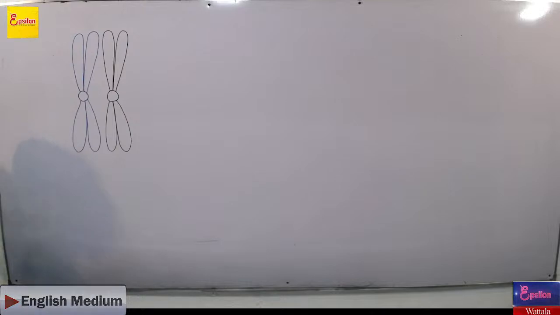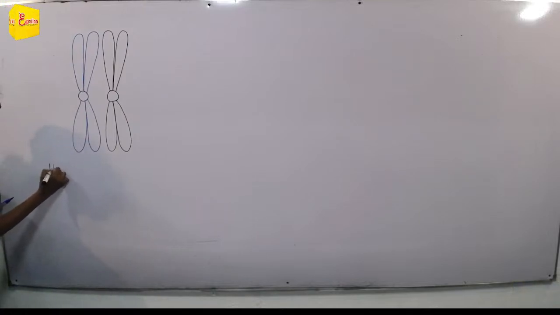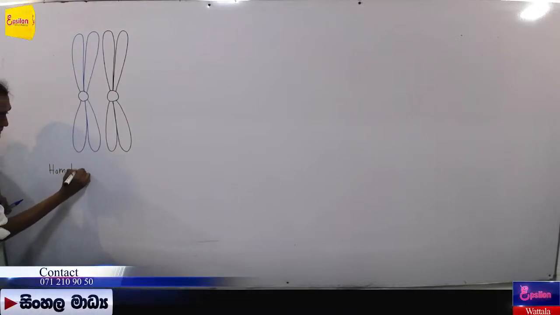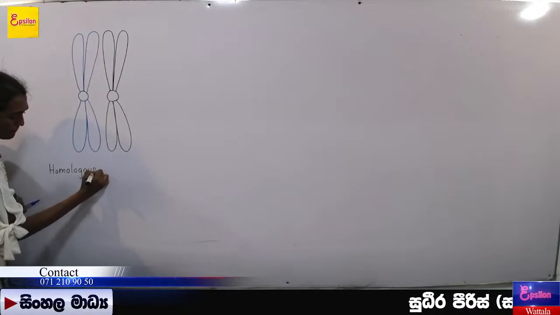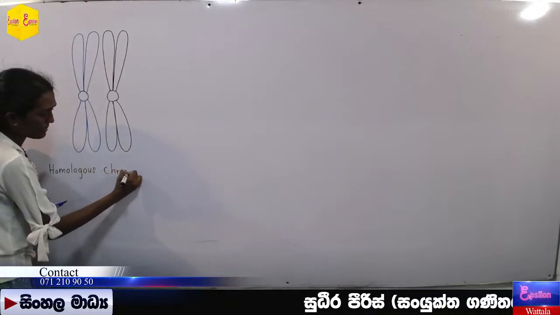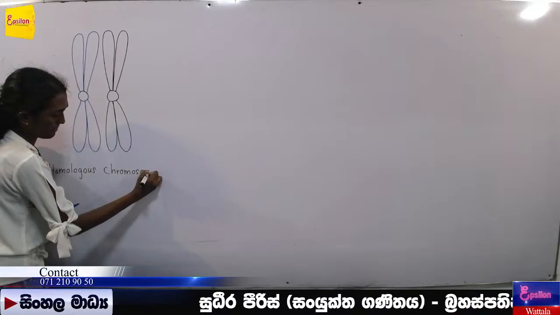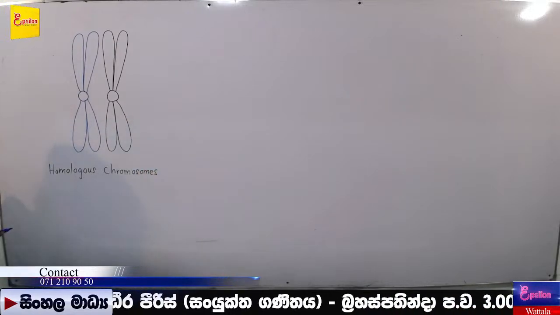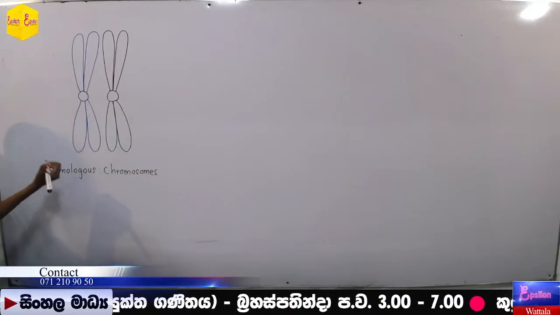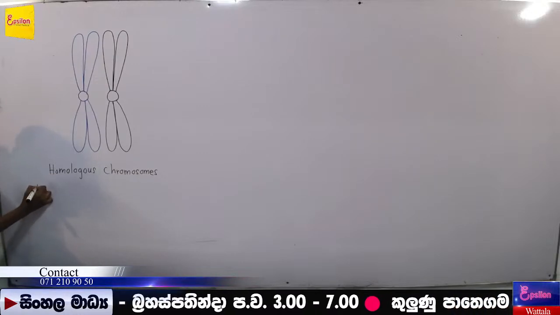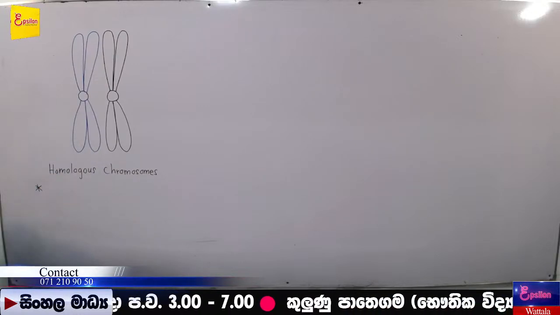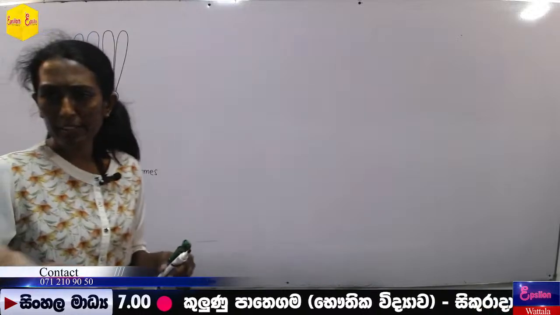Right? These chromosomes we call homologous chromosomes. So, the meaning of homologous chromosomes, I'll tell you a primary definition first. At your level, the definition is this one.